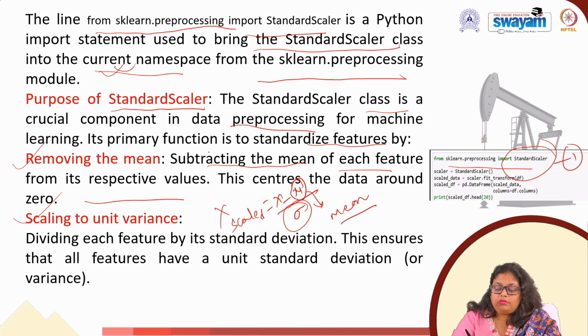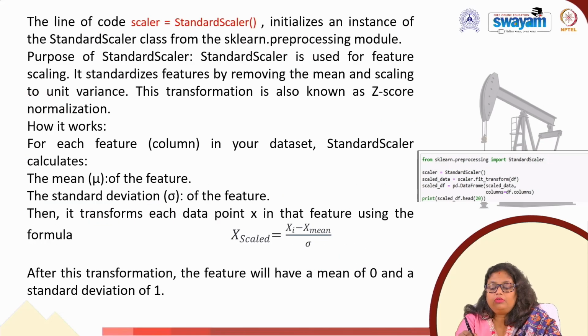Scaling to unit variance means dividing each feature by its standard deviation. This ensures that all the features have a unit standard deviation or variance. So for the first line we are clear what it does.